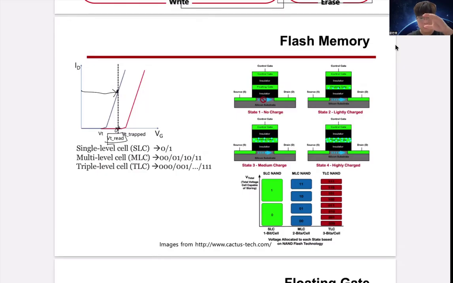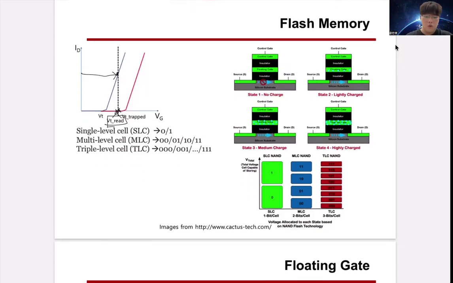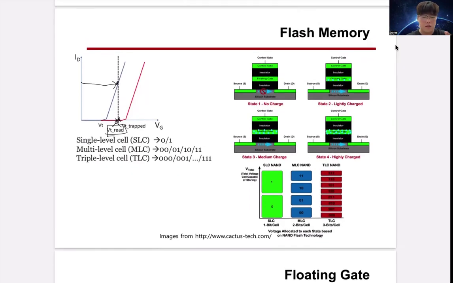But if there's zero current, we can tell that this floating gate has lots of electrons. So we can check the floating gate data by the read voltage. This is the single level cell because there's only 0 or 1.